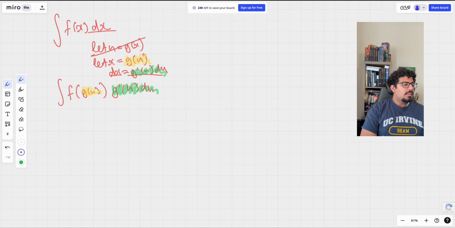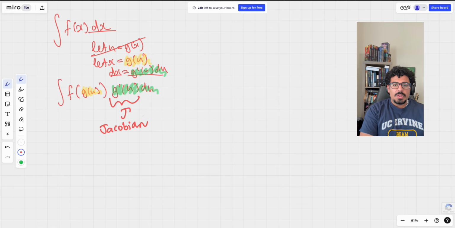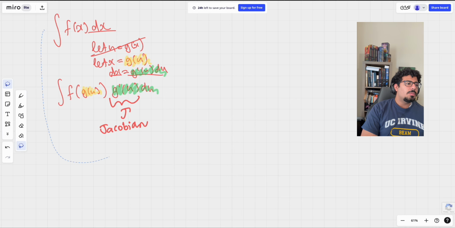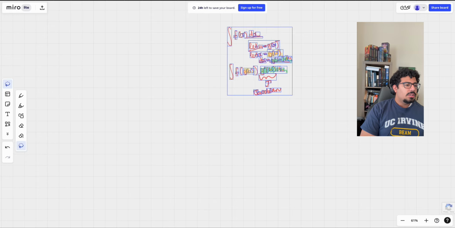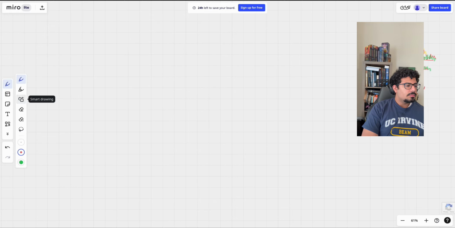In this case, g prime of u is the Jacobian. Jacobians are just an artifact of switching from one coordinate system to another when we're trying to do integrals. Let me give you a concrete example of what Jacobians are in u substitution. Let me move this off to the side so that we can have some more space.